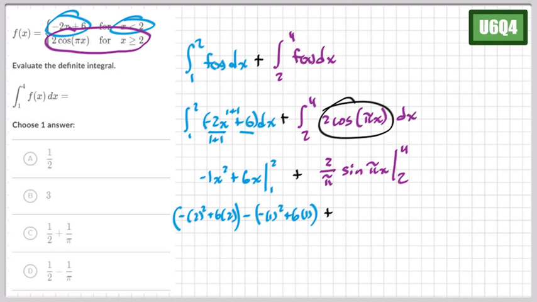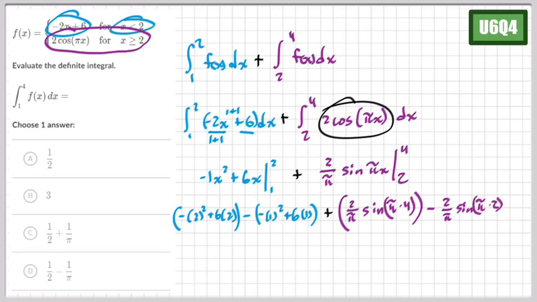And then our next one, he's kind of ugly, but I think you'll like it after we see what happens here. So we have sine, and then we have pi times 4. So that's actually going to be 4 pi inside there. And then that's the first one. I plugged in the upper bound, minus, we're going to have big parentheses here, minus, let's see, forgot my 2 over pi. 2 over pi times sine pi times 2.